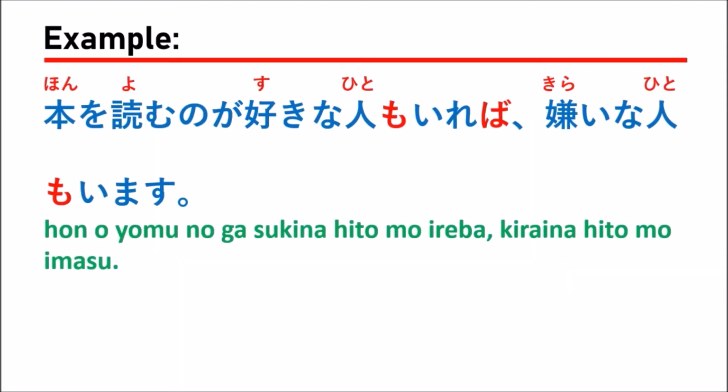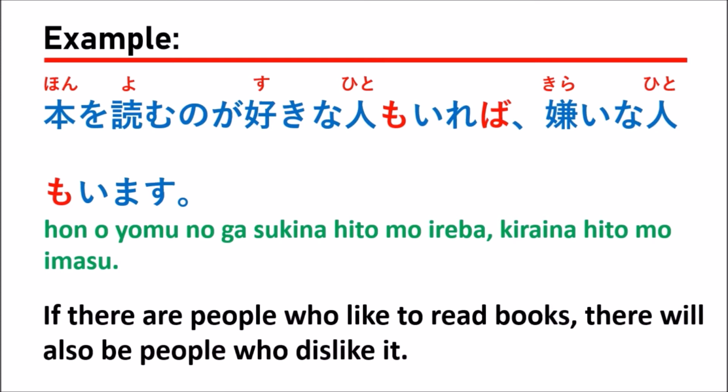And the next, 本を読むのが好きな人もいれば嫌いな人もいます。Which means if there are people who like to read books, there will also be people who dislike it.